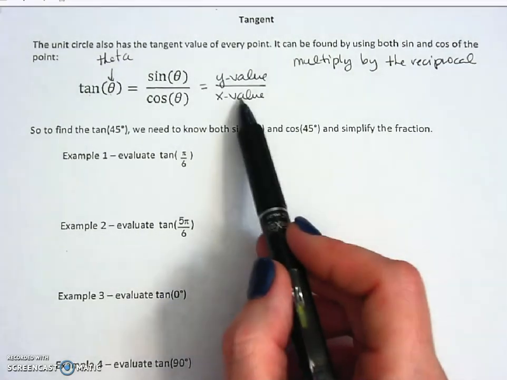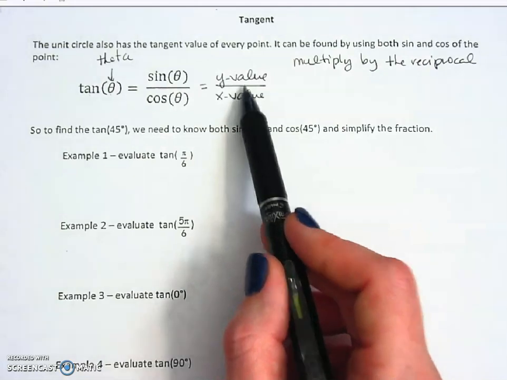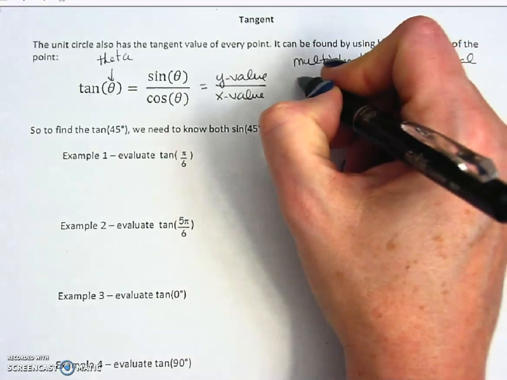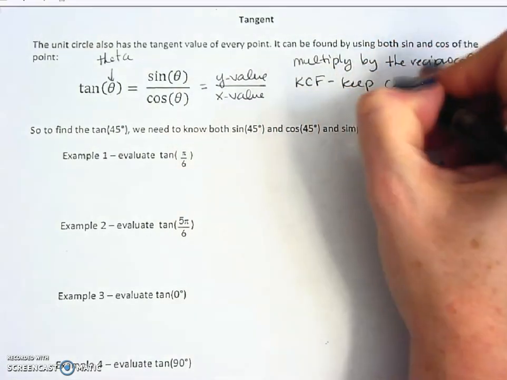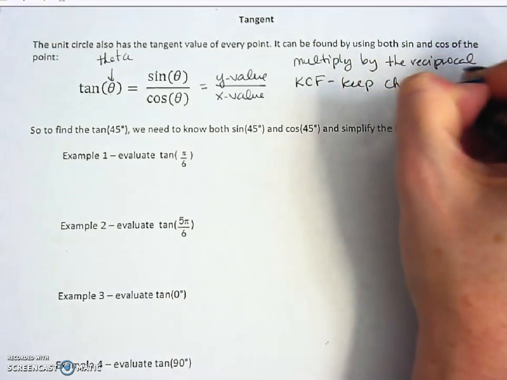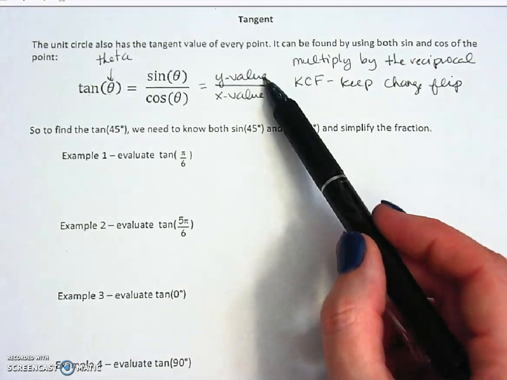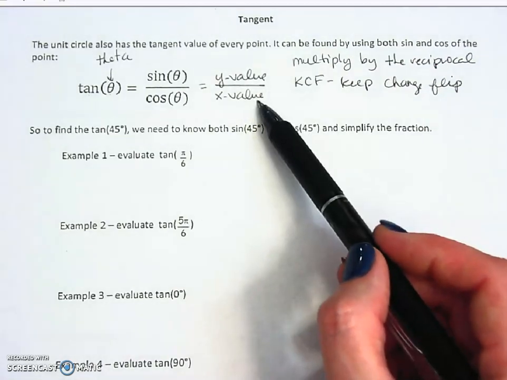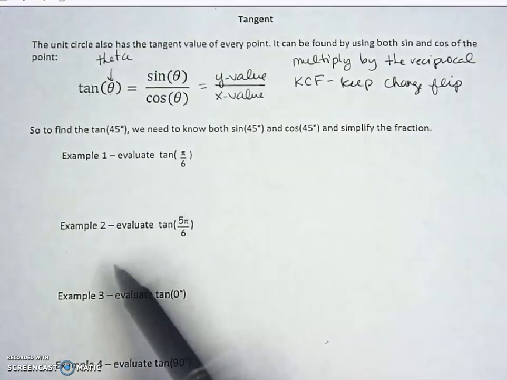That means flipping the fraction on the bottom and changing the division to multiplication. You might also hear me call this keep, change, flip. It means keep the numerator value the same, change the division to multiplication, and then flip the bottom value. So here we're going to be doing some of that.